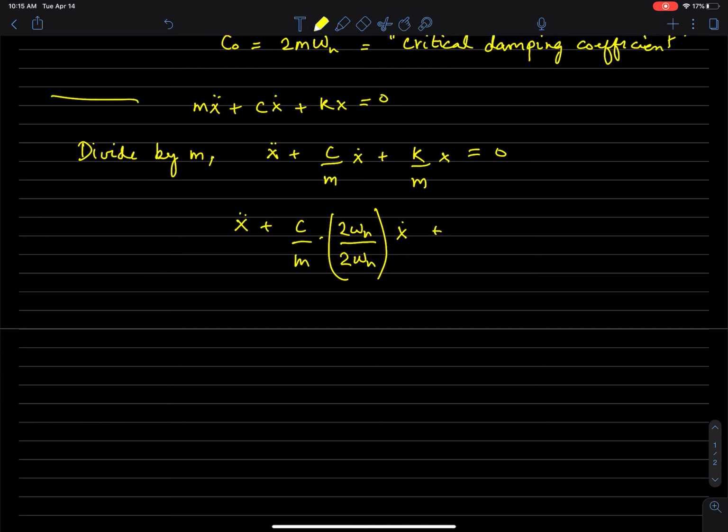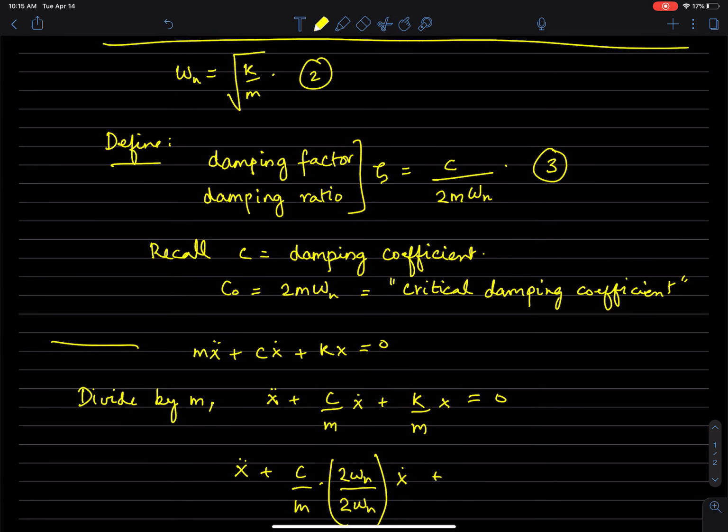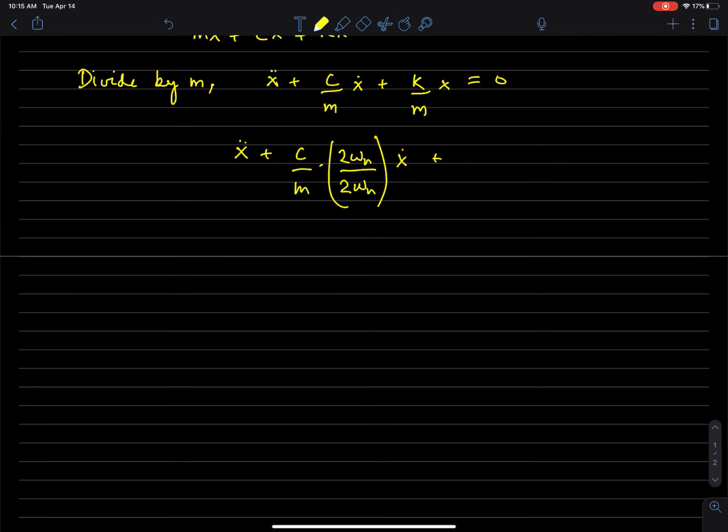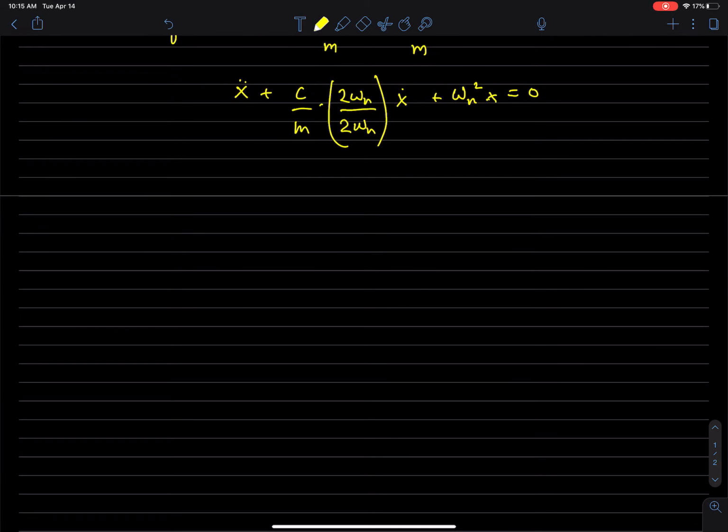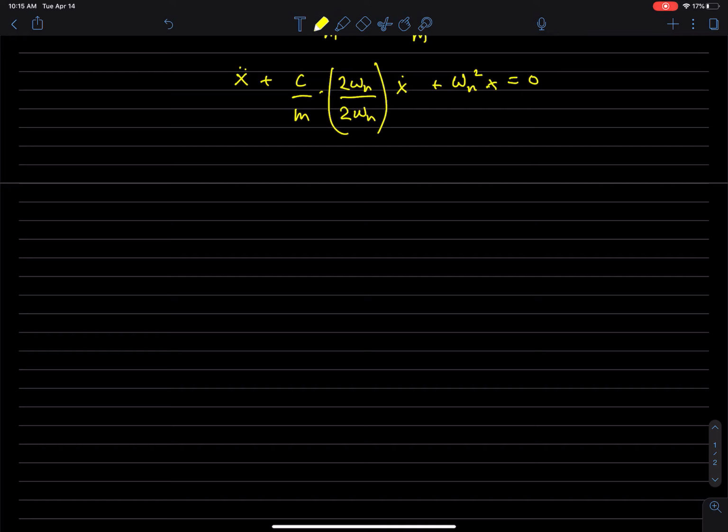And then k over m, we just substitute omega n square for that. Okay. And then we collect terms here. So we go x double dot plus c over 2 m omega n times 2 omega n x dot plus omega n square x equal to 0.